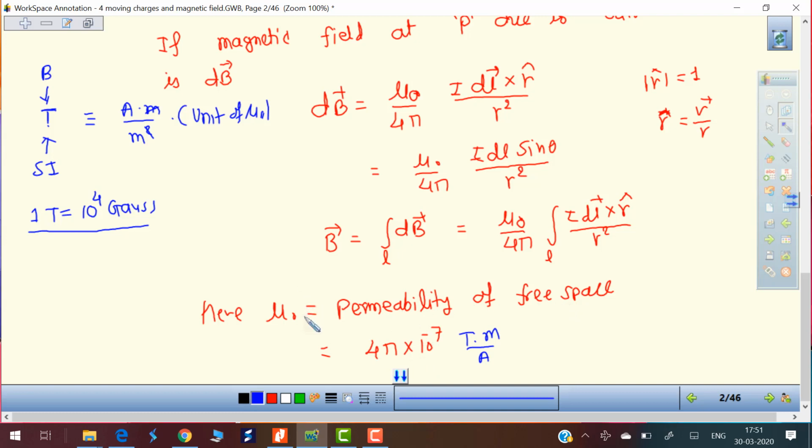Whenever we discuss magnetism, this will appear, and whenever we discuss electric field, epsilon 0, the permittivity of free space, will appear. Mu 0 is the permeability and epsilon 0 is the permittivity. This is a property of a given material. Later on we will also discuss permeability and susceptibility of magnetic materials.